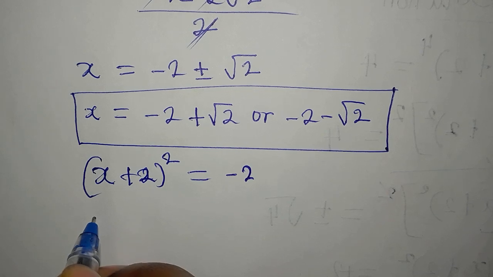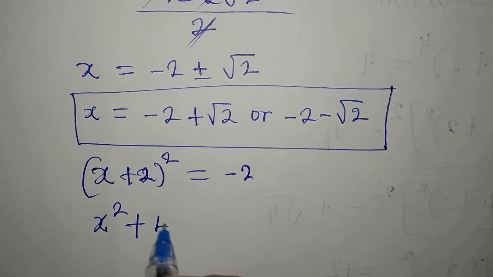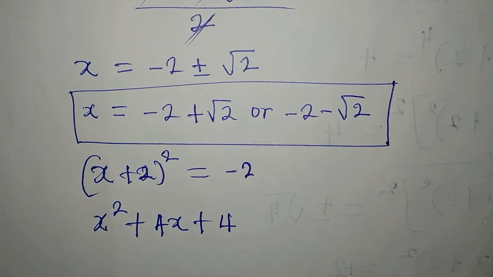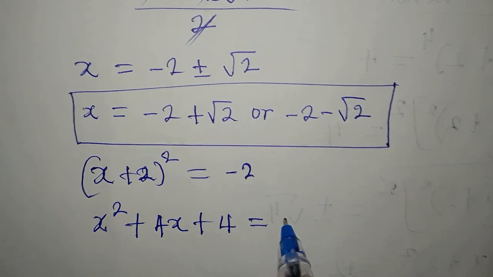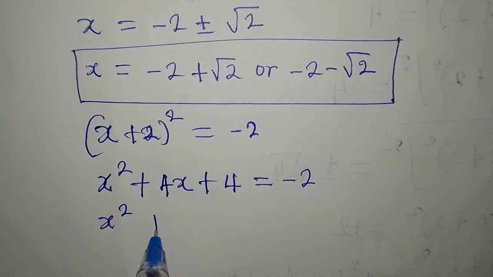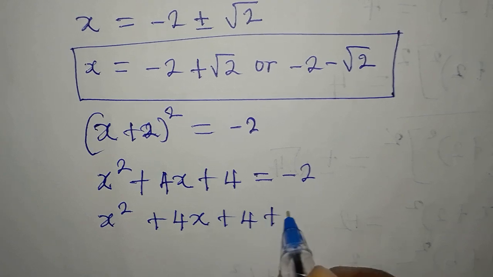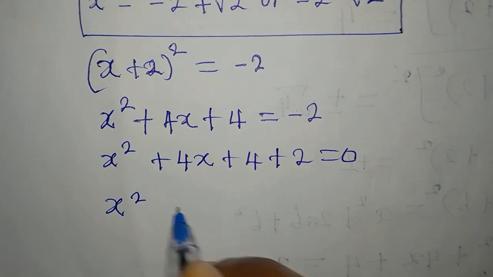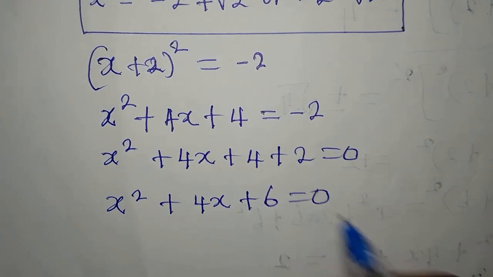If you can recall what we did before, you're going to have x squared plus 4x plus 4, and this is equal to minus 2. Collect like terms, so we have x squared plus 4x plus 4 plus 2 equals 0. x squared plus 4x plus 6 equals 0.